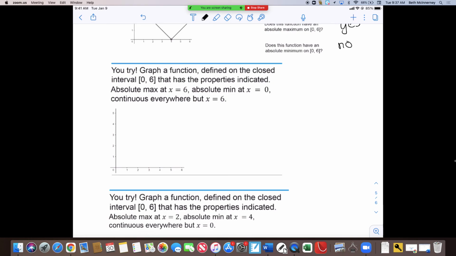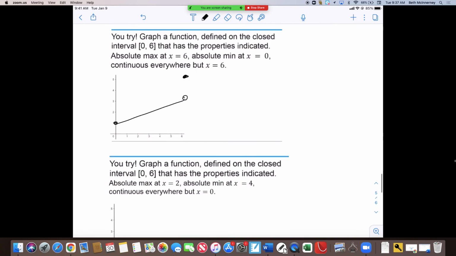So that point had to be above the other ones. It has an absolute minimum at x is 0. But it's not continuous at the 6. Now, do you notice, and I'm going to put the one I had, which is really quite similar. It just says the minimum is at x is 0. It doesn't say the y value is 0, right? So it's fine. His drawing is absolutely fine.